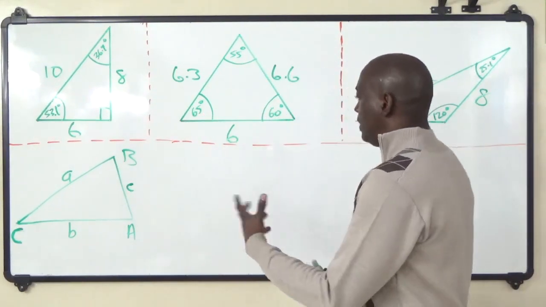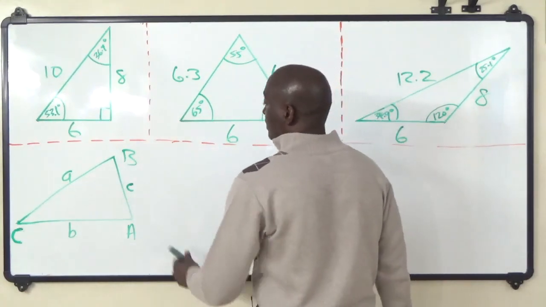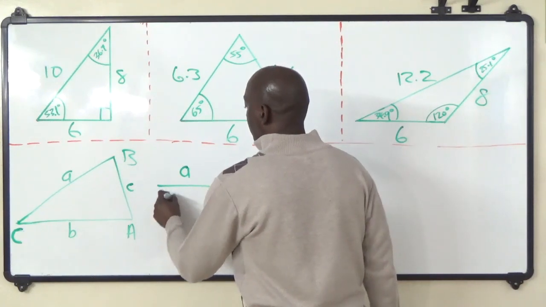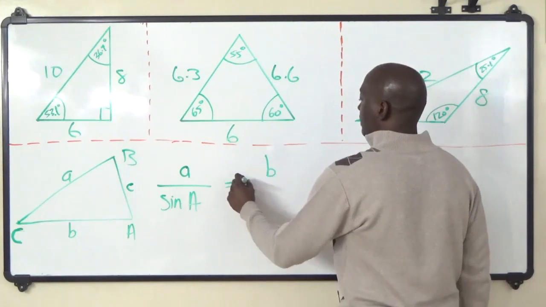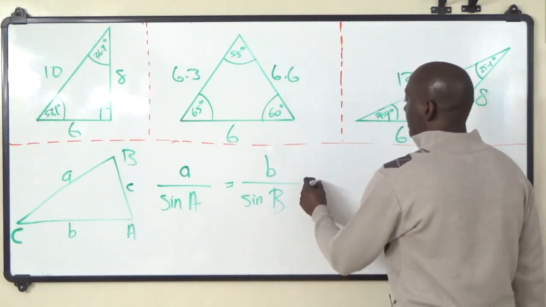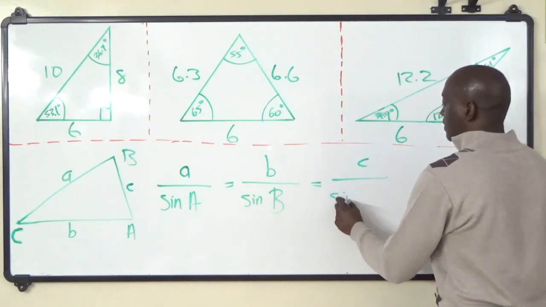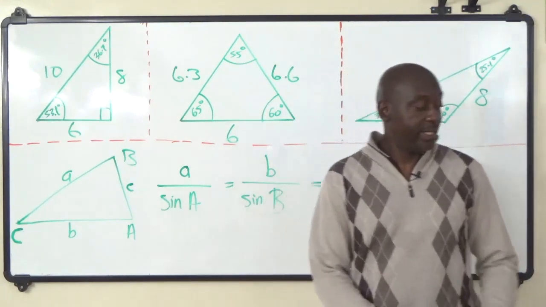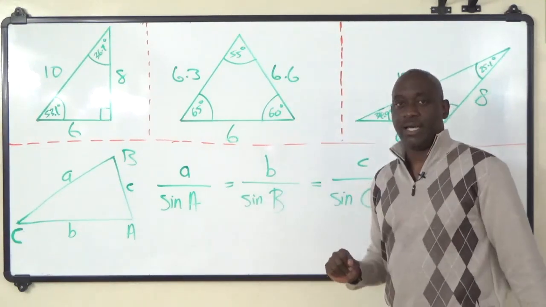Yeah? So the sine rule, based on a triangle looking like this, tells us that small a over the sine of big A is equal to small b over the sine of big B, and that is also equal to small c over the sine of big C. Usually, in working out a question, you wouldn't need more than two of these at one time.